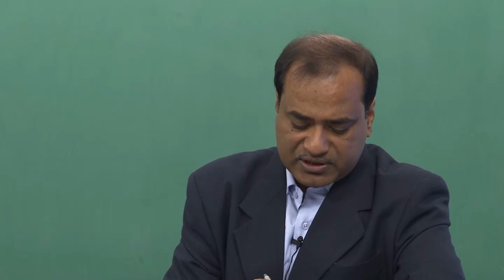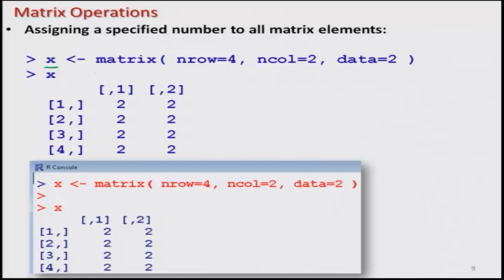For example, here you can see X, I am trying to define a matrix, and then I define the number of rows and the number of columns, which are here 4 rows and 2 columns, and now I need the data which is only 2 in all the entries. So, I will write data is equal to 2, and as soon as I do so, I get this type of output.